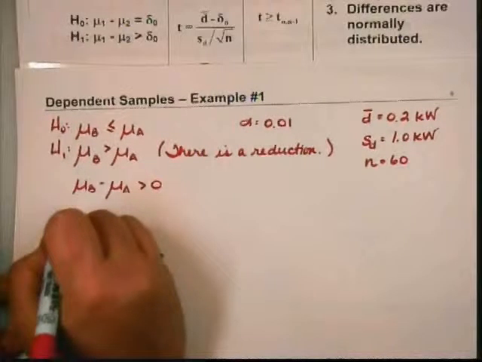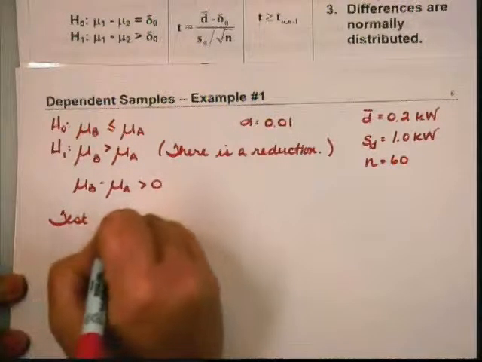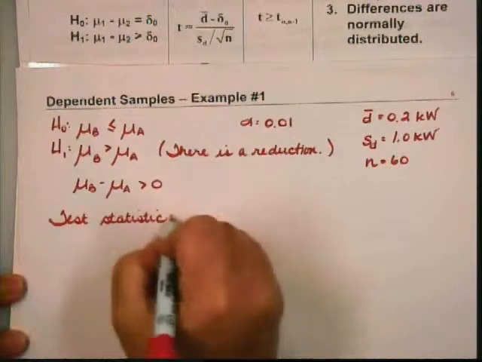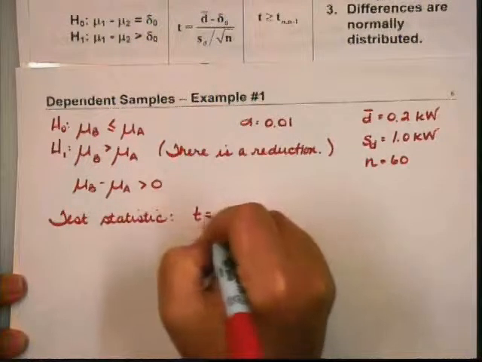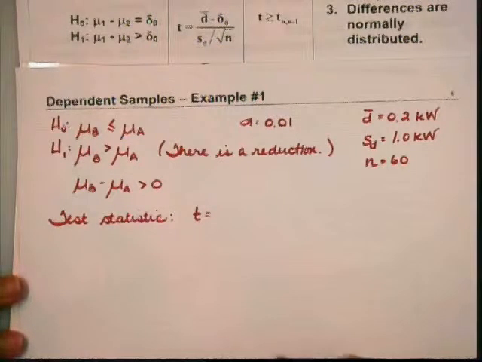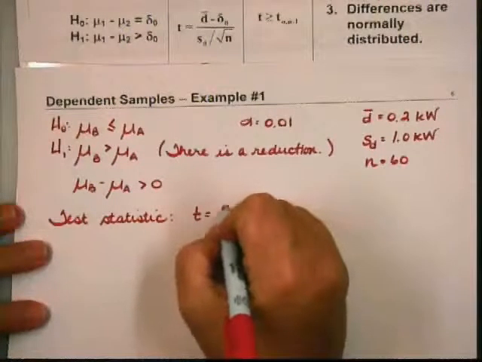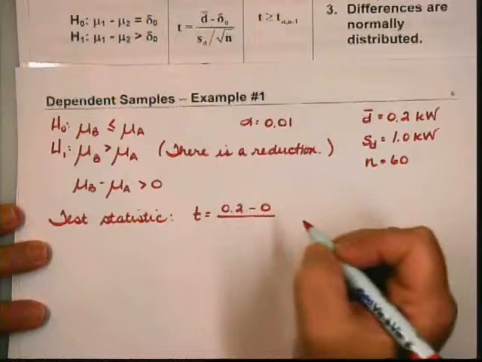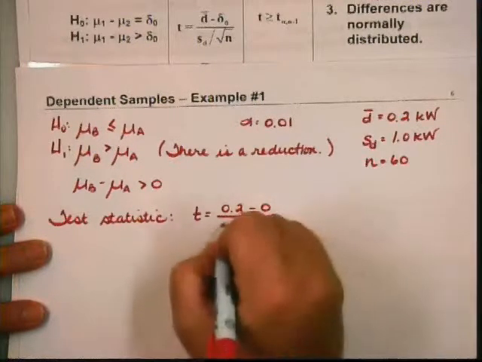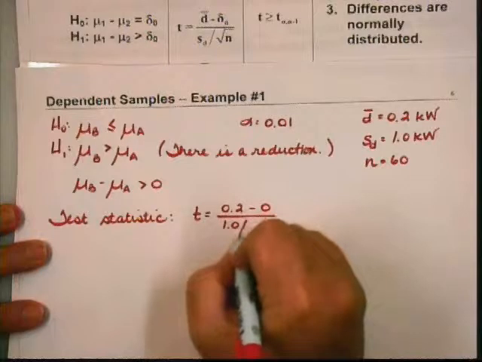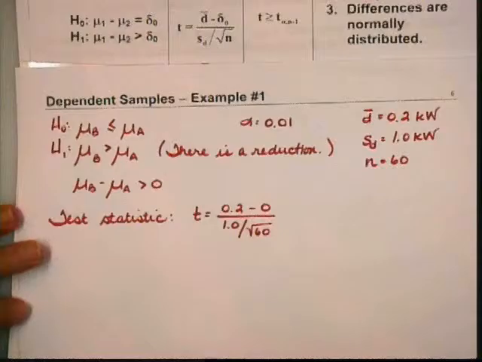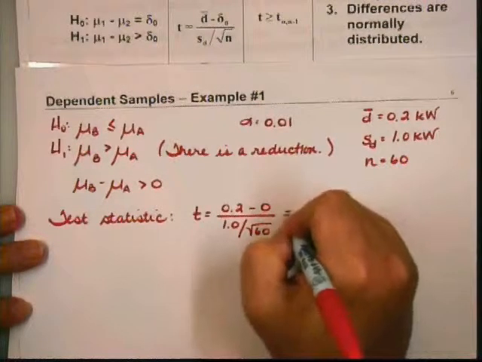Okay, so our test statistic, we're going to compute t, and this is equal to, our d bar is 0.2. The hypothesized value is 0, divided by standard deviation 1 over the square root of 60, the number of pairs, or number of families here.